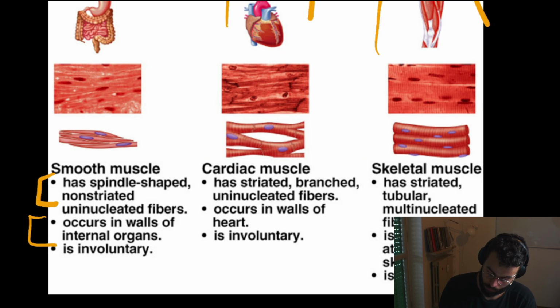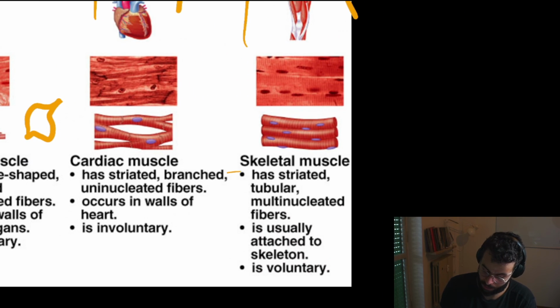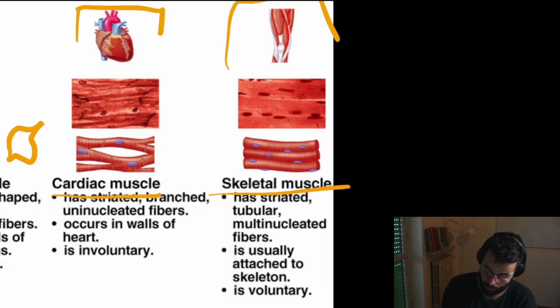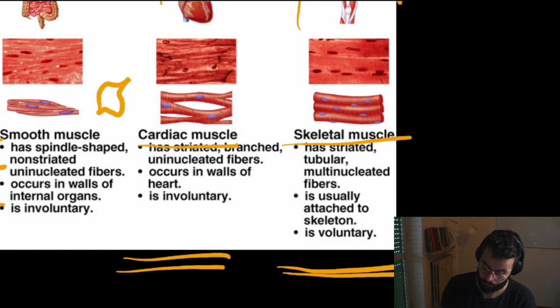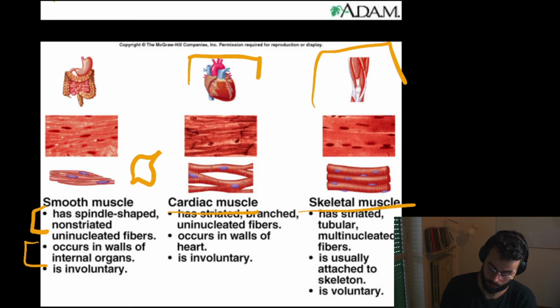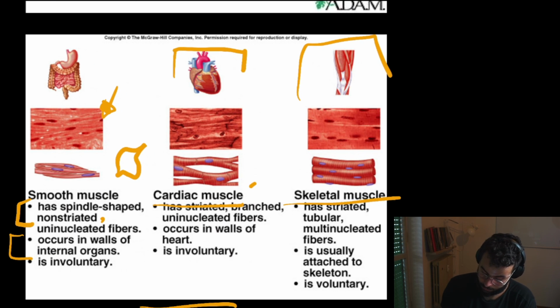It is also some sort of spindle shape compared to the fibers of the cardiac muscle, which are long fibers. Also the striation, of course: the smooth muscle is non-striated, while the cardiac and skeletal muscle are striated.